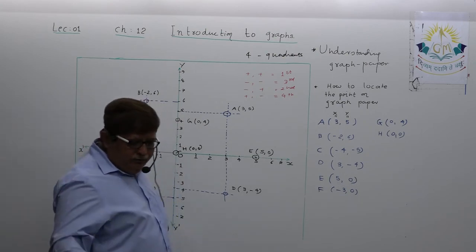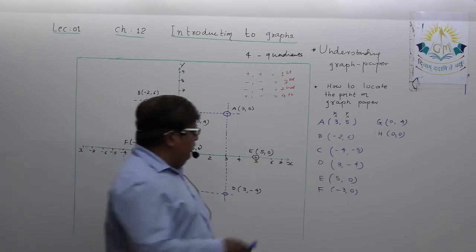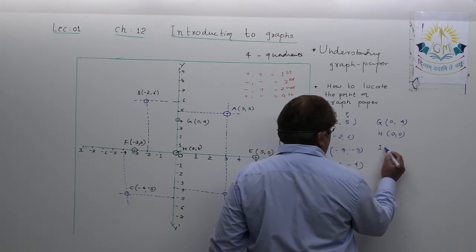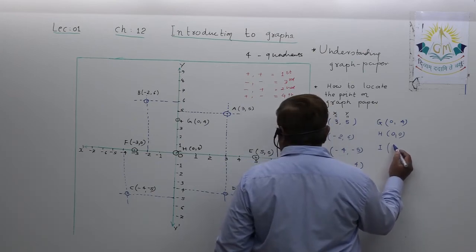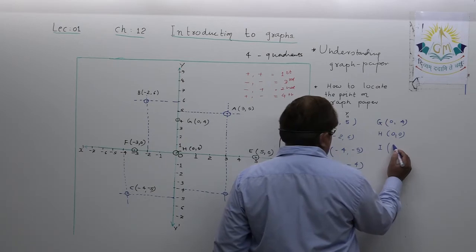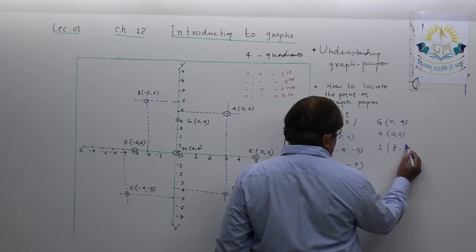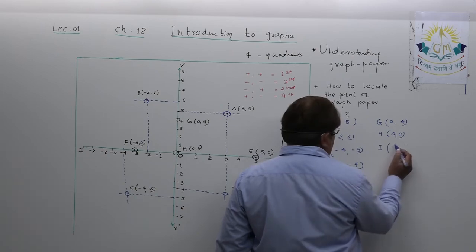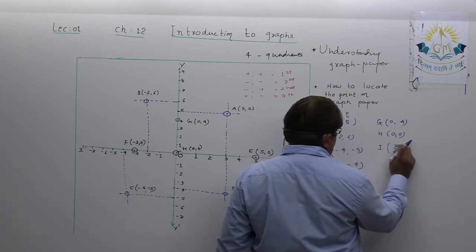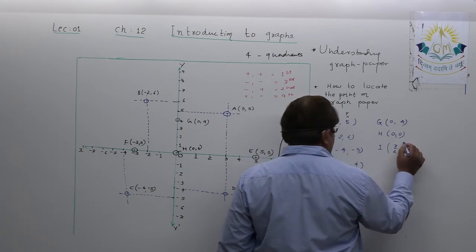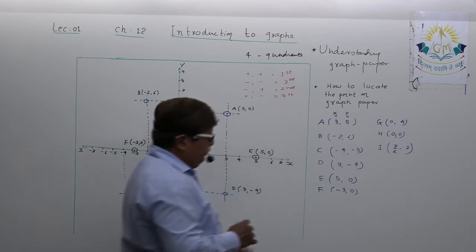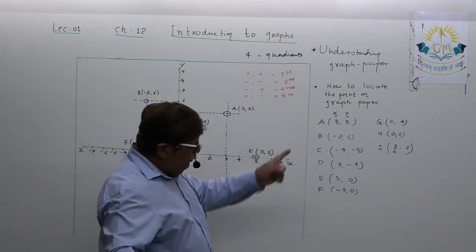Understand? Suppose, dear student, one difficult one, if we target on the same graph paper, point I. X coordinate I take 7 upon 2, and y coordinate let me take 2. Okay, dear student, now see, 7 upon 2.